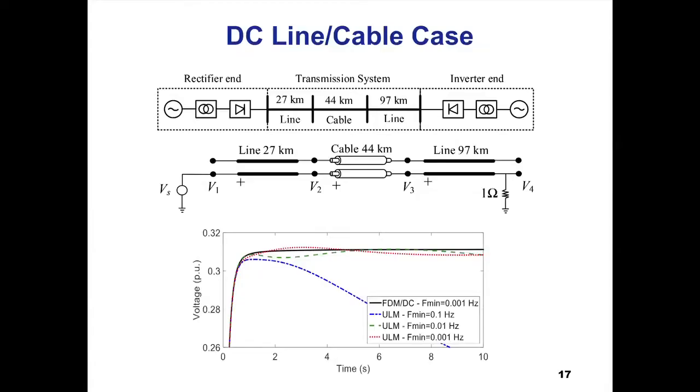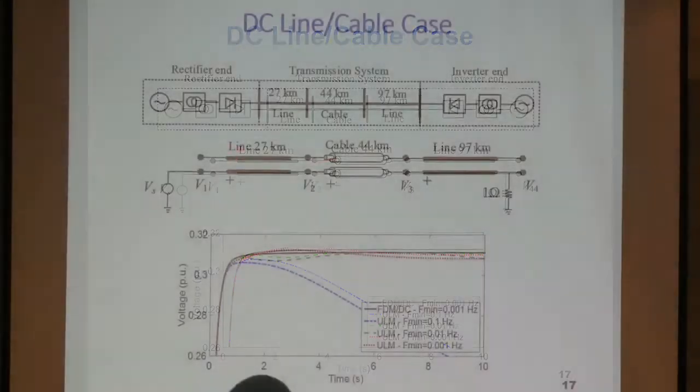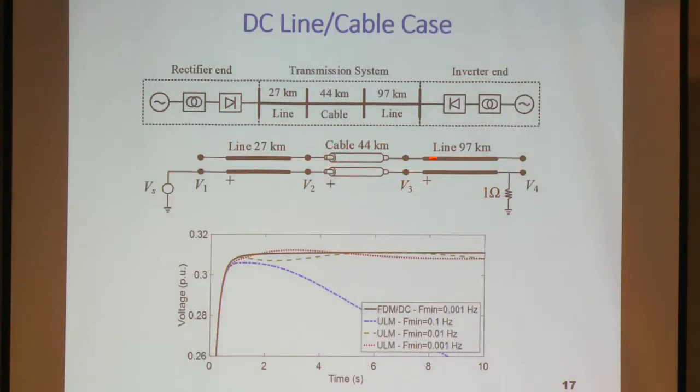And here, for example, a simple case, DC line cable case. You have a DC line and you have a cable. And as you see here with the DC correction, the black line is the new model. We get perfect DC response. We have no oscillations, whatever. We get perfect DC response. This is actually my student Miguel studied that case.